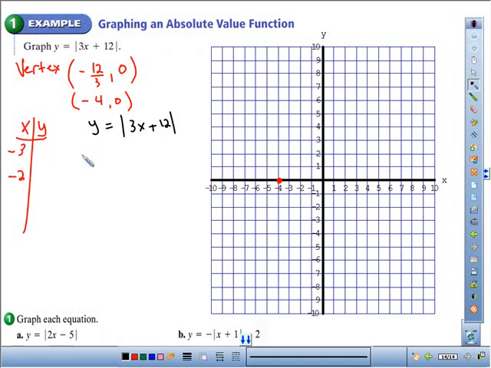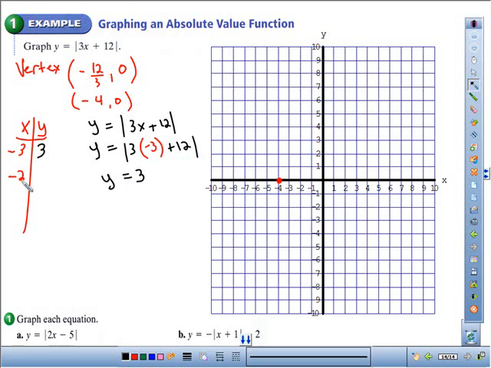So we're going to take x and plug it in here. y is equal to the absolute value of 3 times negative 3 plus 12. Just work this out. We're going to get negative 9. Negative 9 plus 12 gives us 3. The absolute value of 3 is 3. So y is going to equal 3. So when x is negative 3, y will be positive 3.